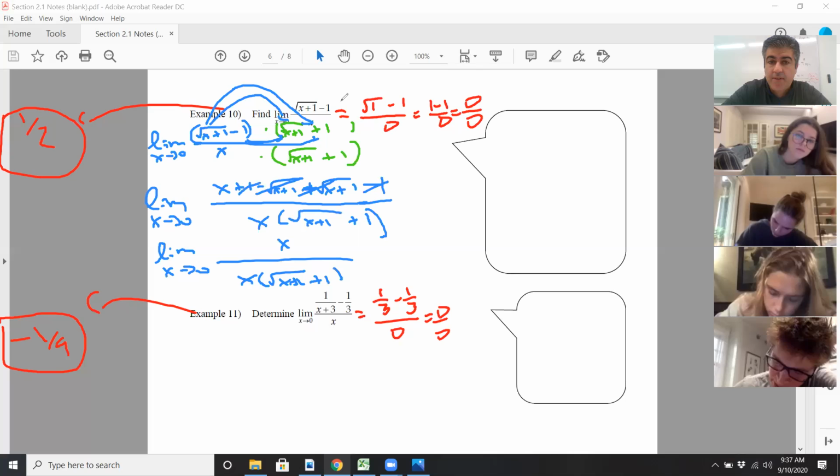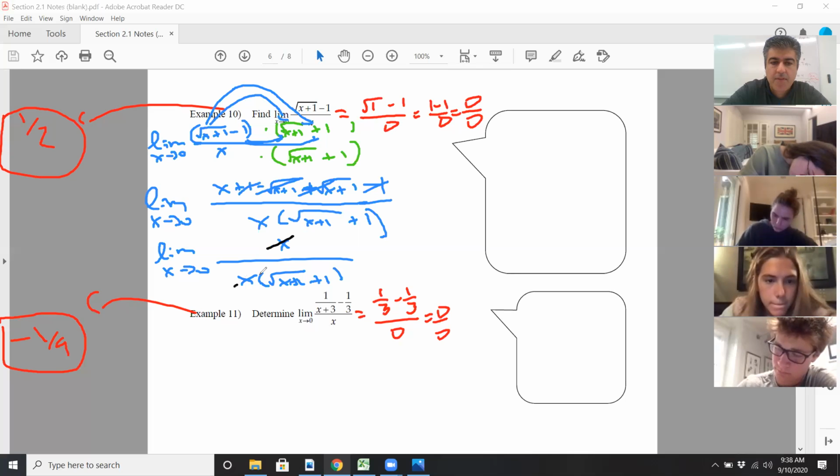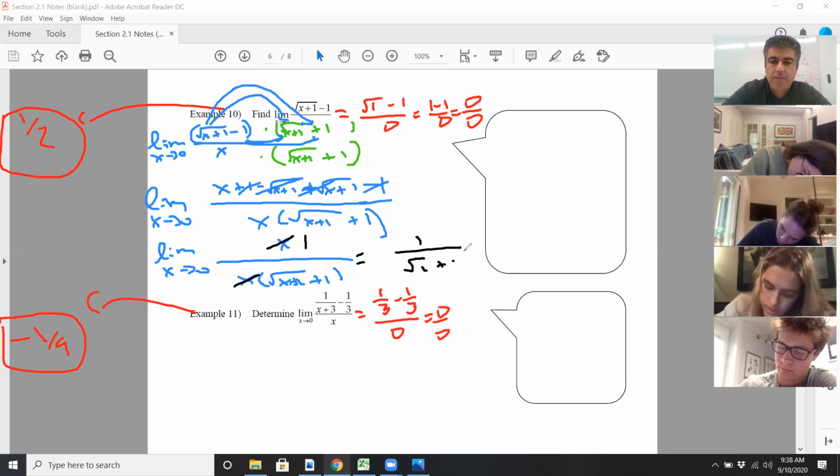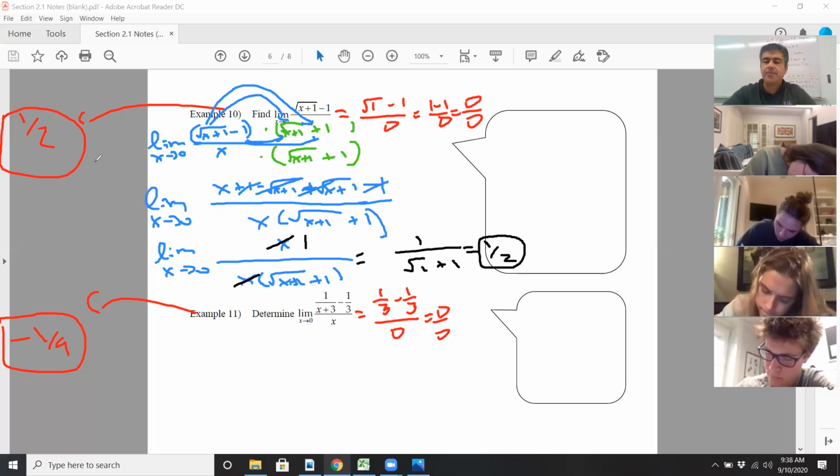More will cancel out. The x's cancel out. We want that to cancel. So now you take the limit of 1 over root x plus 1 plus 1. Can I substitute now? Absolutely. And you get 1/2, which is exactly what I got graphically.